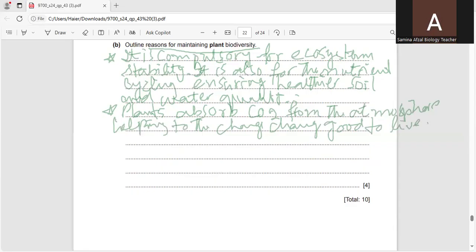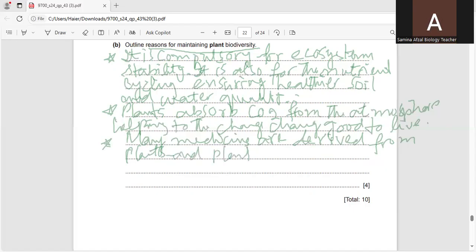And many medicines are derived from plants, and plants are a rich source of potential nutrients.